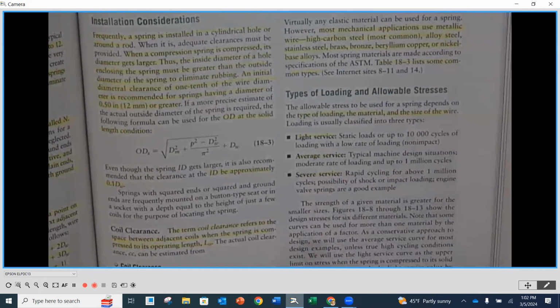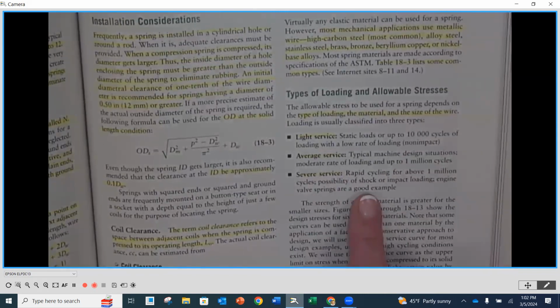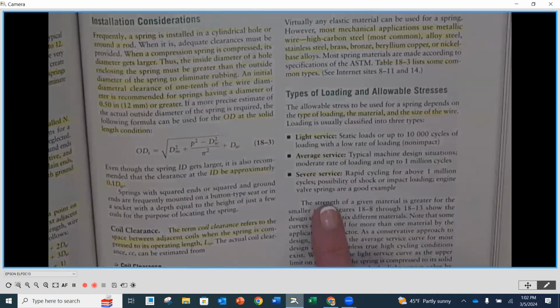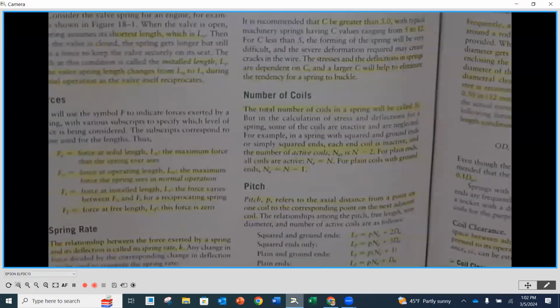And then your severe is going to be rapid cycling, over 1 million cycles, possible shock, impact loading. So something like valve springs in an engine are a good example.